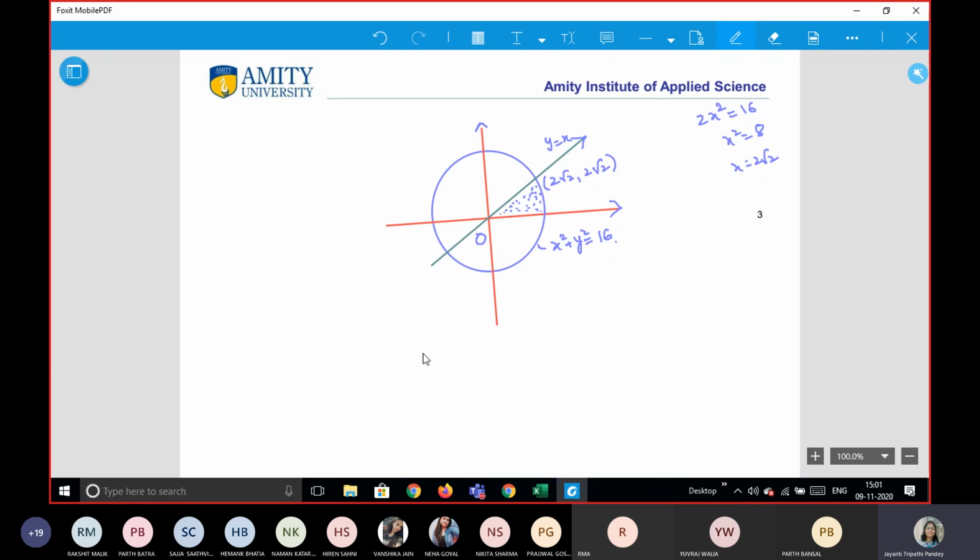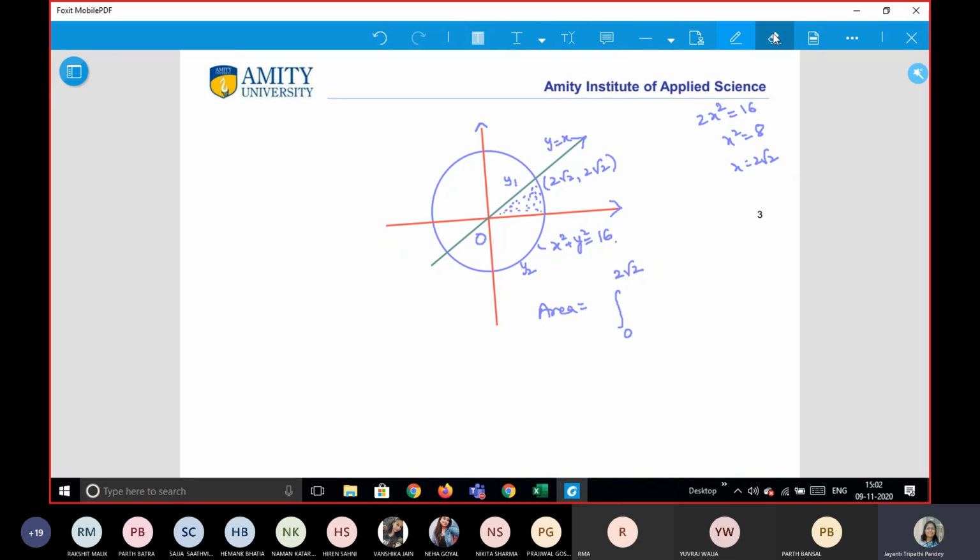Is this fine? So required area is, what will you subtract? You will take the region 0 to 2 root 2. Then if I mark this as y1 and mark this as y2, how will you get it? The whole region is divided in 3 parts.